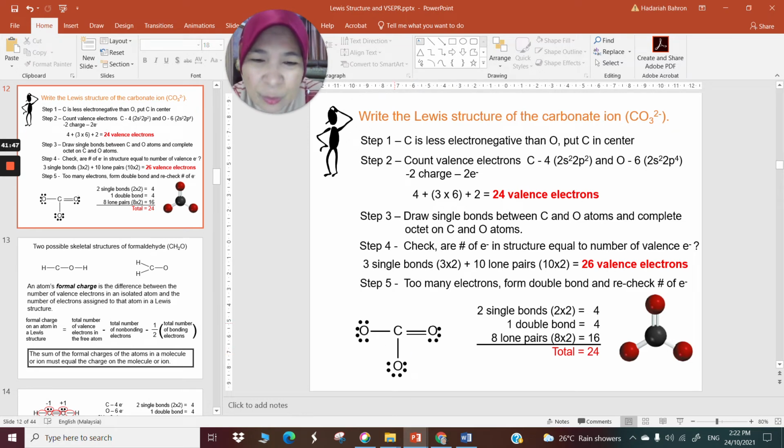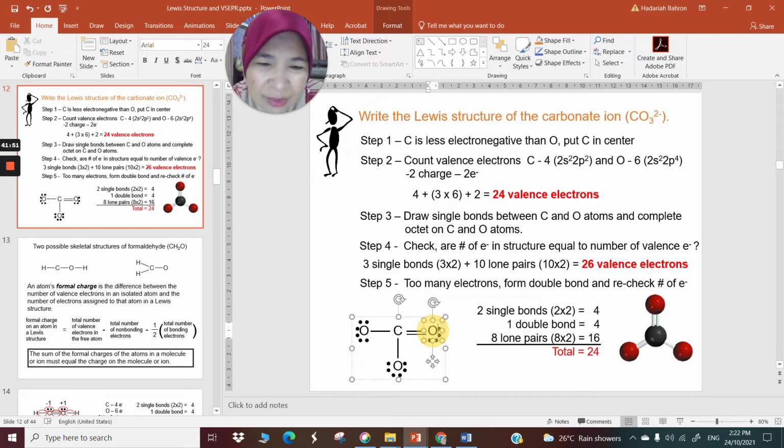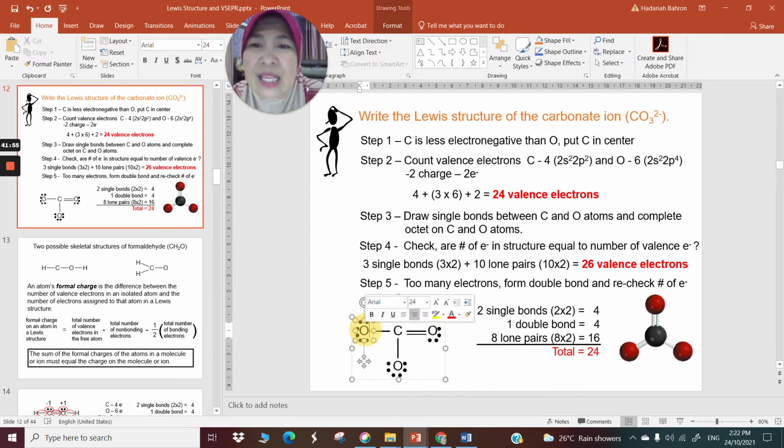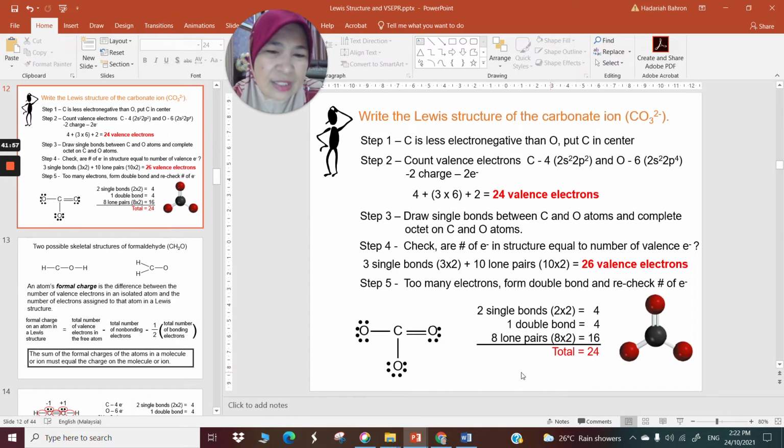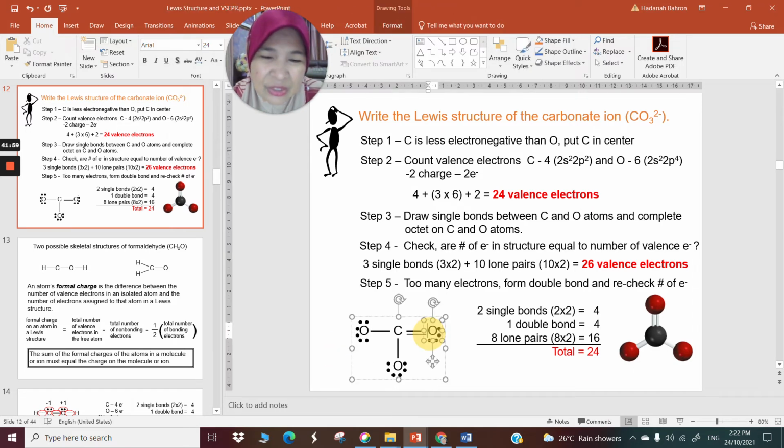Carbon also has a complete octet. This oxygen on the right has a complete octet. And of course, the 2 remaining oxygens have a complete octet. So this is the correct Lewis structure of CO3 2-. I hope you understand that.